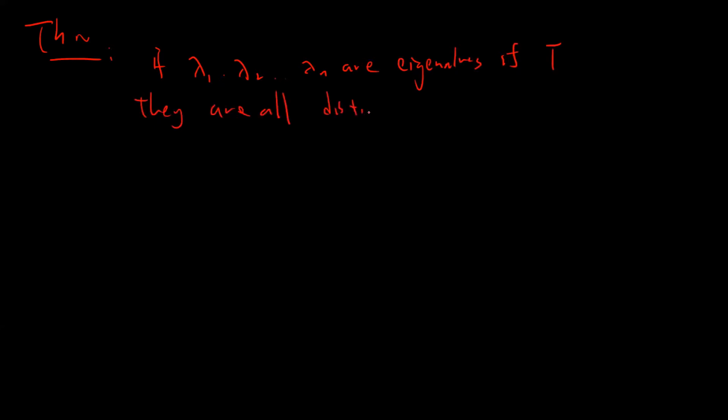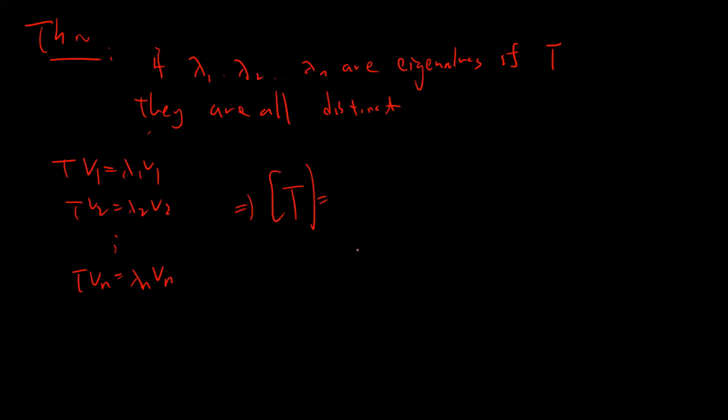Okay, so an immediate theorem. If lambda 1, lambda 2, up to lambda n are eigenvalues of T, and they are all distinct, that means I can find v1 such that T v1 is lambda 1 v1, T v2 is lambda 2 v2, and T vn is lambda n vn, right? So in this basis, our T will look like a diagonal matrix.